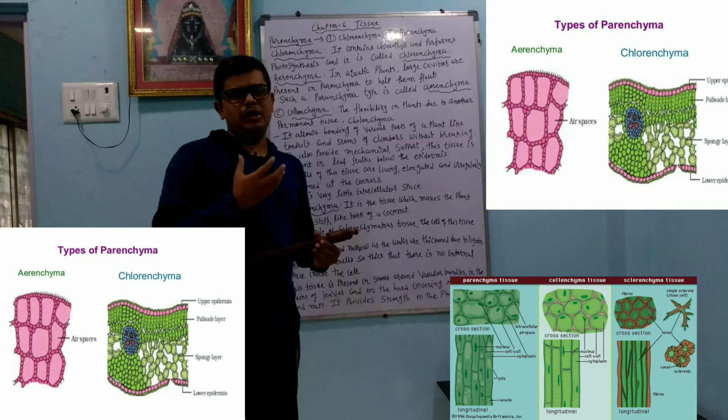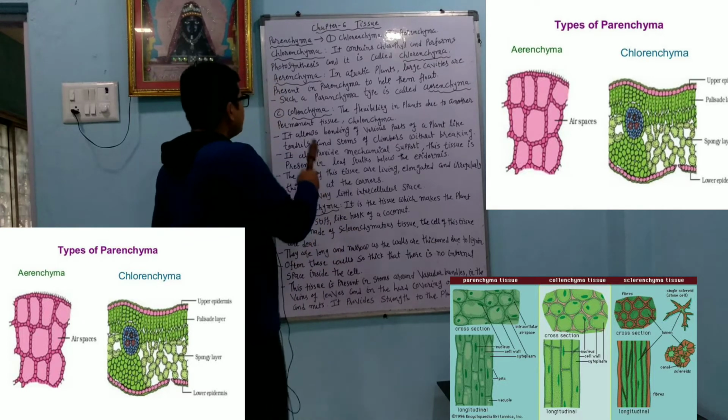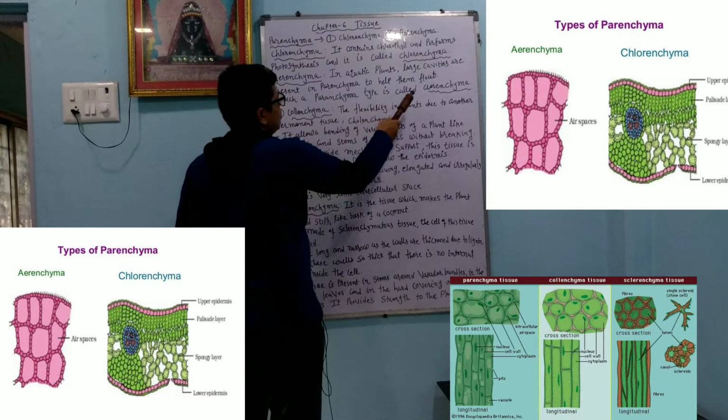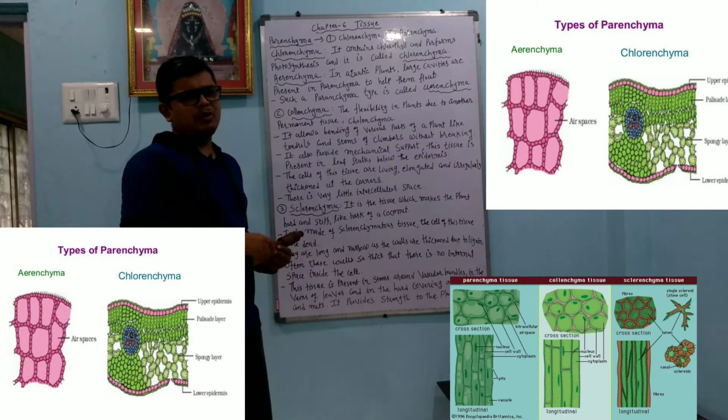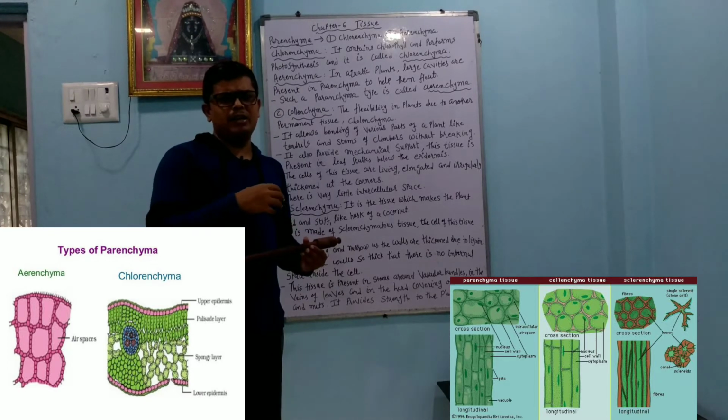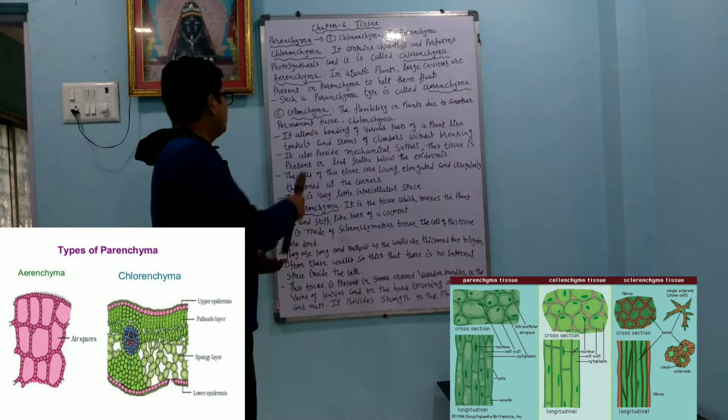Air is present and it makes the plant float. Such a parenchyma type is called aerenchyma, and because of it the plant can easily float in water.